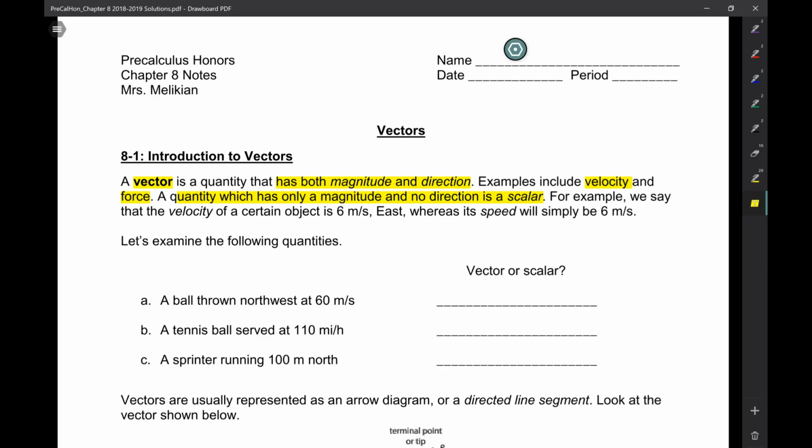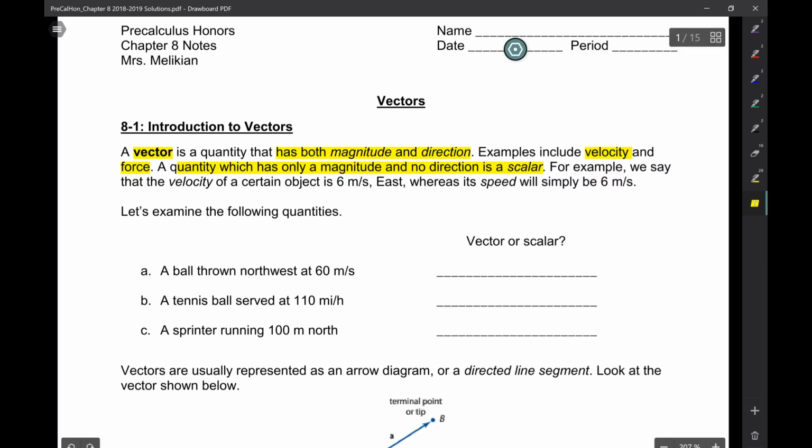So here, when we're talking about vectors, a scalar only has a magnitude. So I'm driving 60 miles an hour, period. That's it. Okay. So to distinguish, you can say that the velocity of a certain object is 6 meters per second east, whereas the speed is just 6 meters per second.